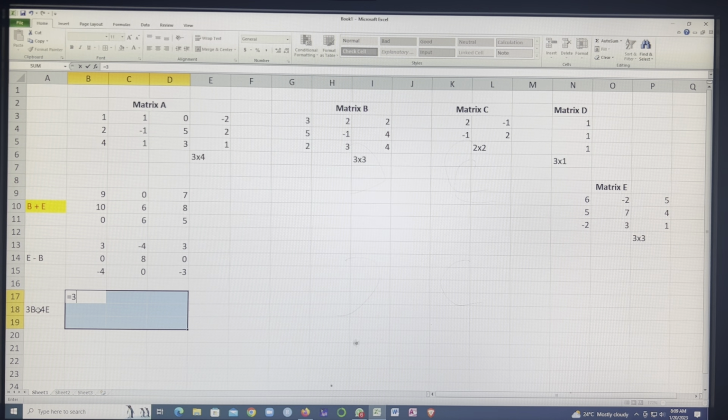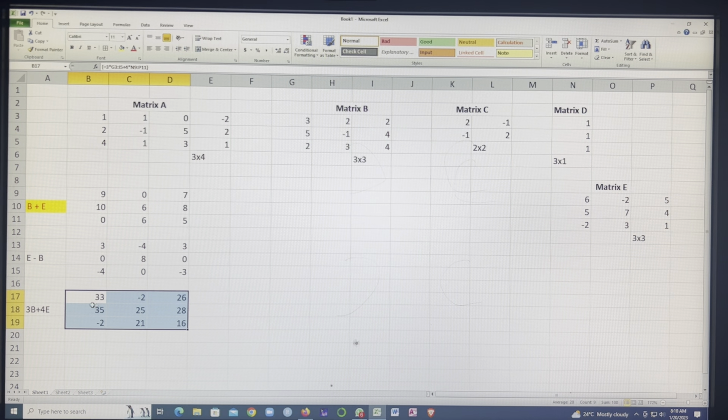Then I start with 3 times matrix B, I highlight matrix B, plus 4 times, then I highlight matrix E. Then I hold Shift and Control together and press Enter. So it gives me the operation for 3B plus 4E.